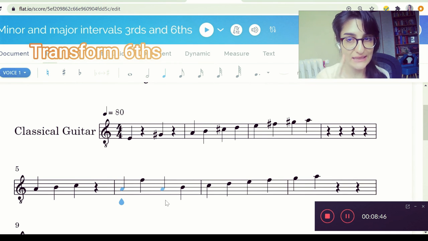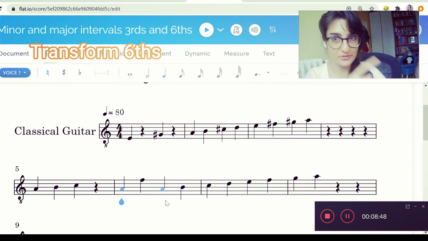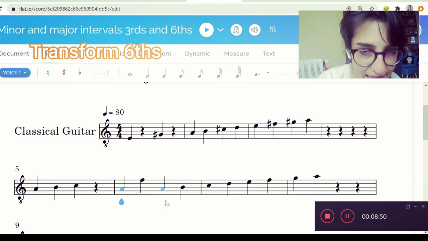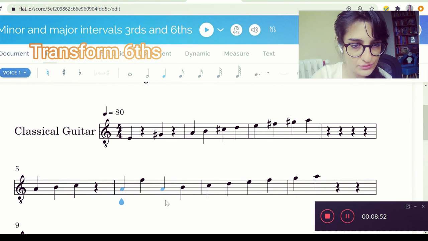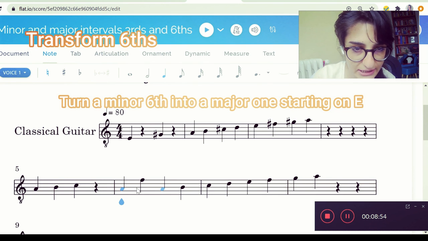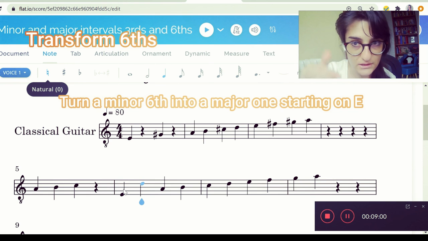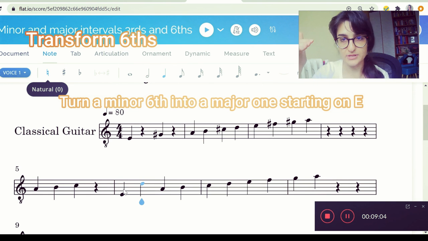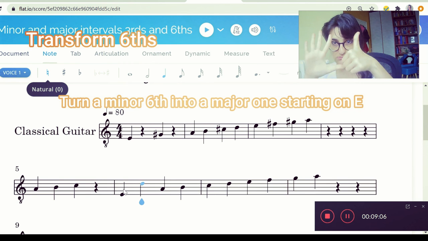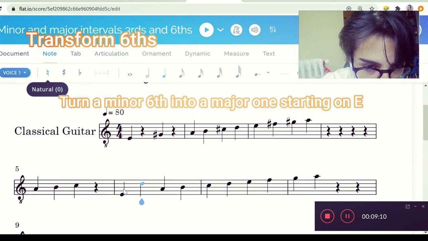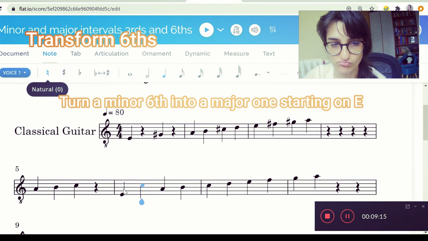Now, let's transform the interval, okay? I'll give you a minor one here. Let's do a minor 6 starting on E: E, F, G, A, B, C. Okay?